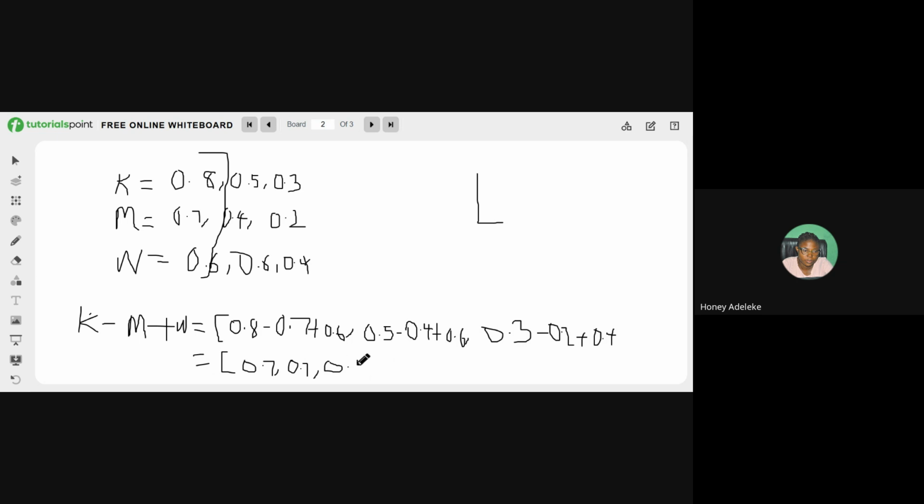The machine will then check which words are very close to this numerical representation, and most likely it will be maybe queen. That's how we got king minus man plus woman equals queen and other examples.